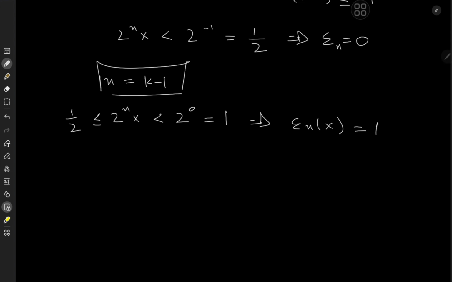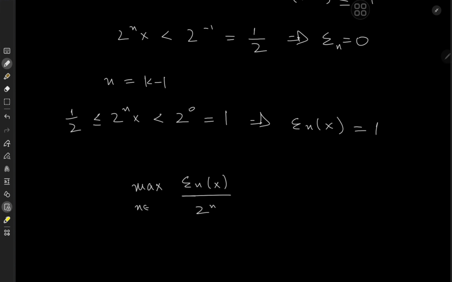That would give us epsilon sub n equal to 1, and hence the maximum value of epsilon sub n of x over 2 to the n over the natural numbers n is actually equal to 1 over 2 to the k minus 1, where x belongs to the interval bound by 1 over 2 to the k and 1 over 2 to the k minus 1.